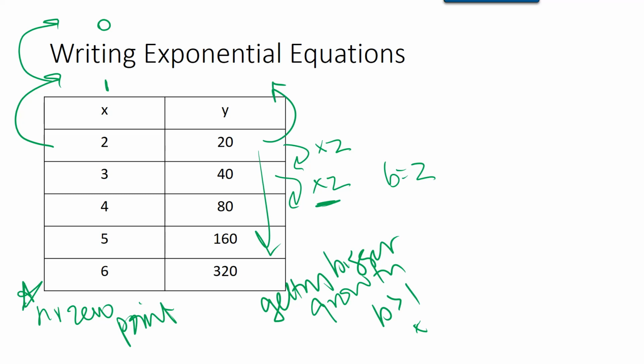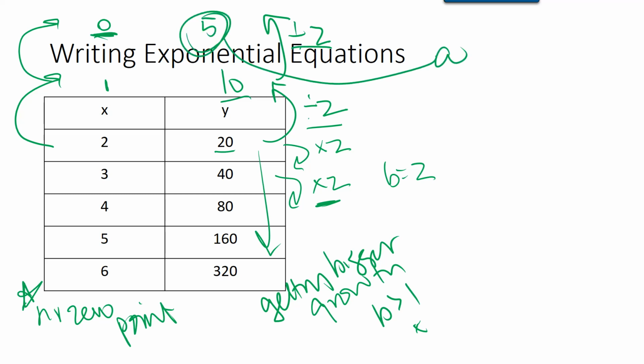So to get up from 2 to 1, I'm going to have to divide by 2. And 20 divided by 2 is 10. But that's not where we want to be yet because that's 1. I have to do it a second time in order to get to our 0 point, our a value. So what is 10 divided by 2? Well, it is 5. So then 5 is our a value.